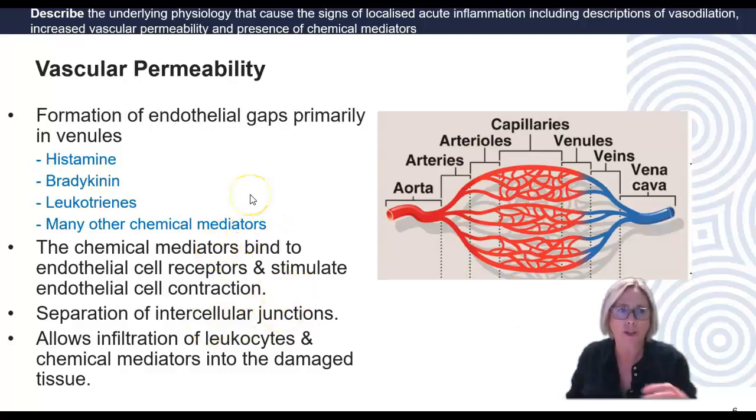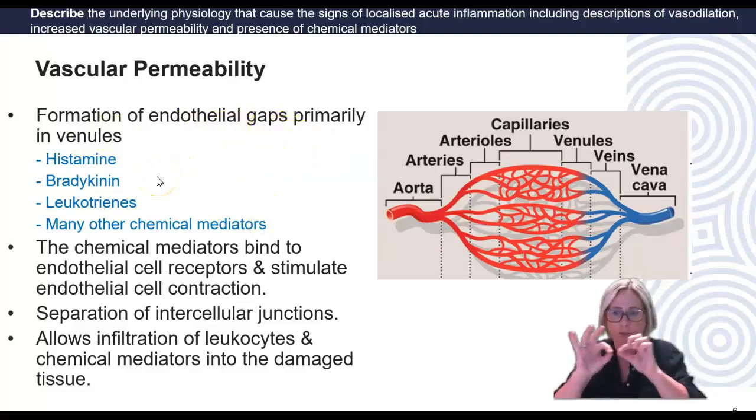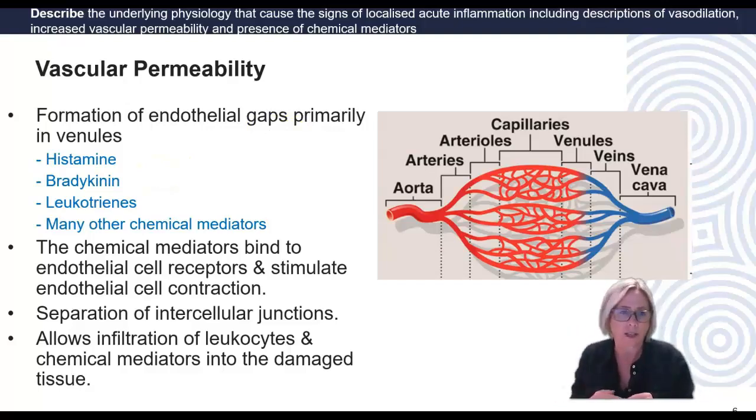So what happens to cause the leaky vessels is that there is formation of endothelial gaps primarily in the venules. So you get little gaps forming between all of the endothelial cells. And this is due to the action of many chemical mediators, but including histamine, bradykinin, and the leukotrienes, which we'll get to later. So let's take the example of histamine as our chemical mediator.